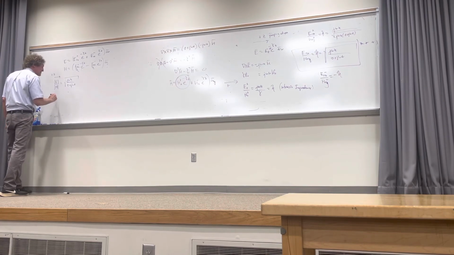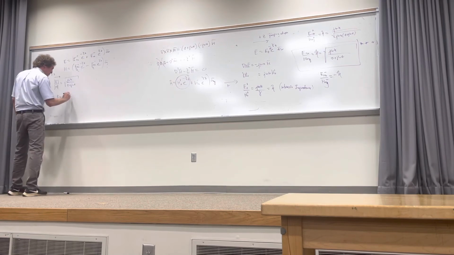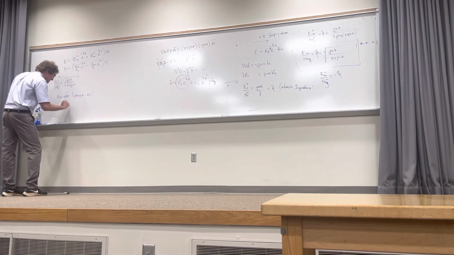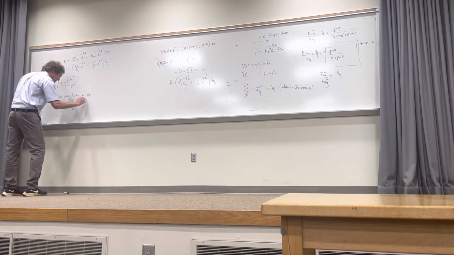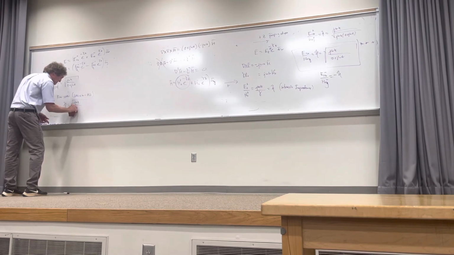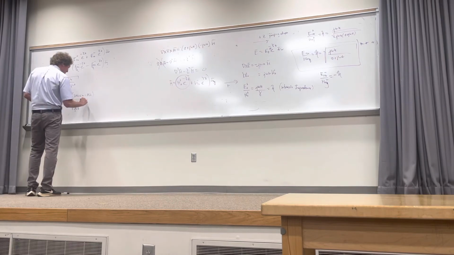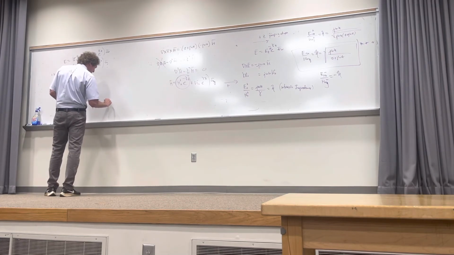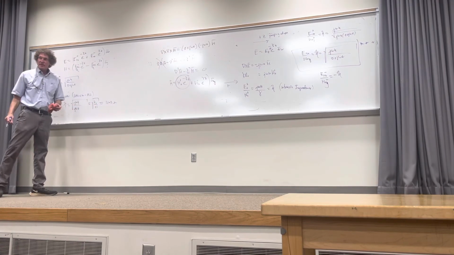So if we talk about this value for free space, call it a vacuum, and even in air, generally, then you get eta is equal to the square root of J omega mu over sigma plus J omega epsilon, or really, with sigma zero, J omega mu over J omega epsilon, so you get equal to the square root of mu naught over epsilon naught, and that is 120 pi ohms, or about 377 ohms.